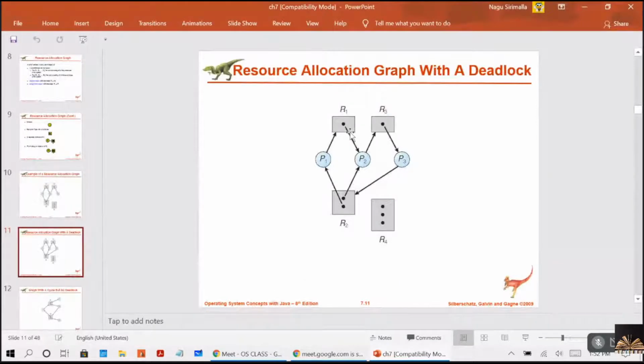If you find a loop in the resource allocation graph, there is a possibility that there is a deadlock. When can I clearly say there is a deadlock, when there is a circular wait or a loop? That is when all my resources have only single instances of the resource type.